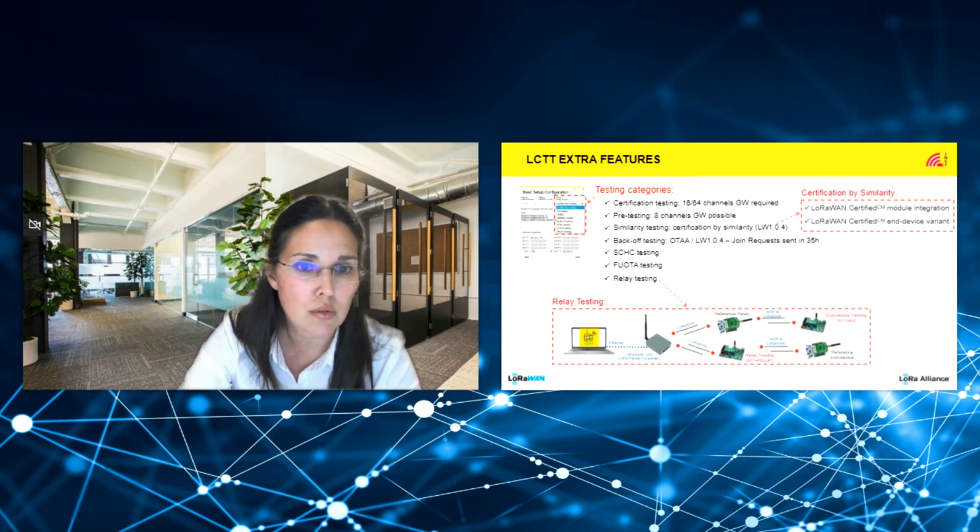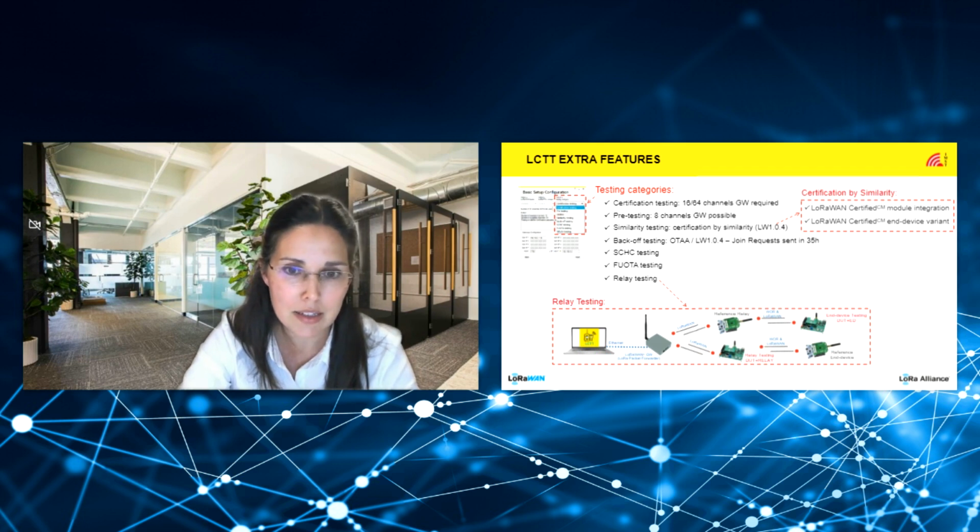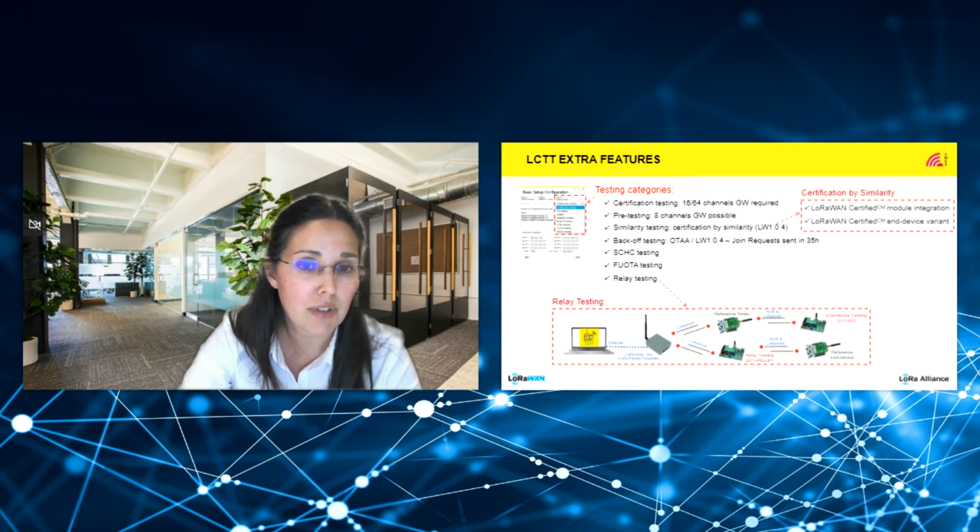And in this case, we need a reference end device for the testing. So in this case, the end device and the relay will communicate via the wired frames. Those are the relay protocols that are defined in the relay specification. And the relay will communicate with the gateway and the LCTT.